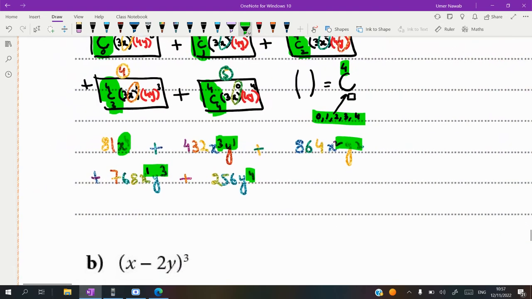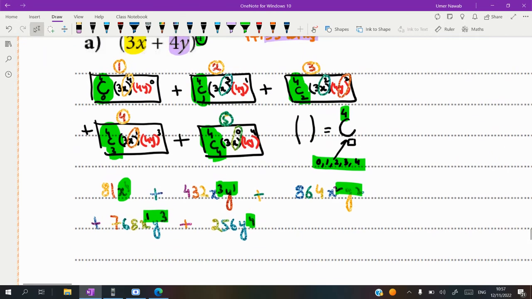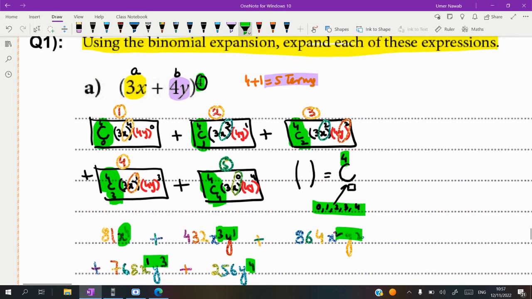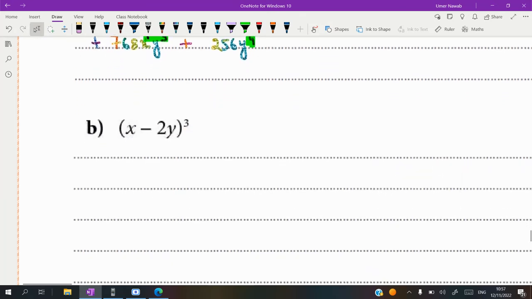So in the exam, you can check the powers of the A's and B's must equal the number given in the beginning of the binomial expansion. As you can see, I have explained in detail the binomial expansion, where we get 5 terms when n is 4.